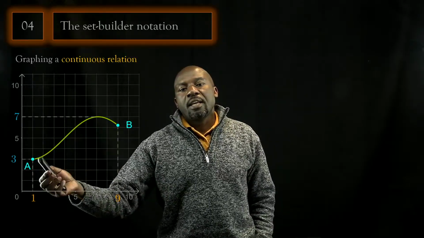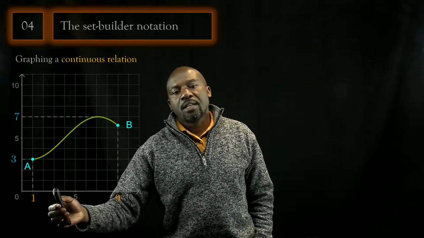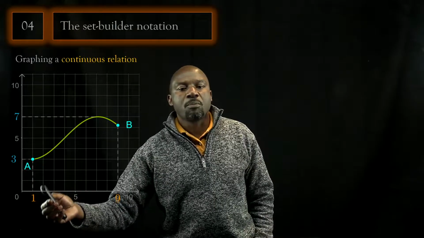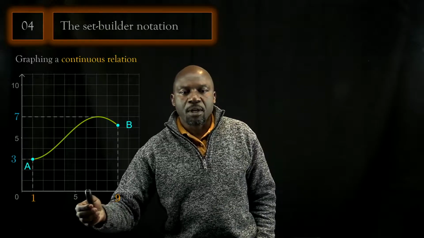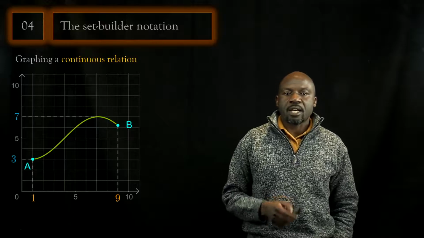Anything in here, any value of x is valid. We can't say that x is just 1, 2, 3. What about 1.1? What about 1.001 and so on? All values along that range from A to B are acceptable for x.